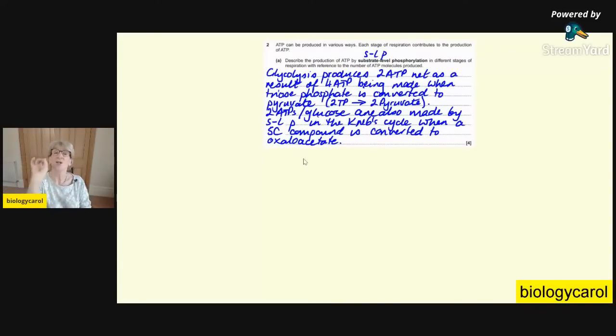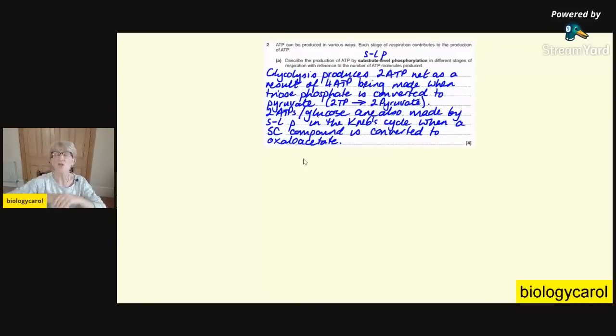And then I said, because it's asking about the numbers of ATP, 2 ATPs per glucose molecule, or I could have said 1 ATP molecule per turn of the Krebs cycle, because of course, if there's 2 pyruvate molecules being produced from 1 glucose, each of those pyruvate molecules is going to go into a Krebs cycle of its own, if you see what I mean.